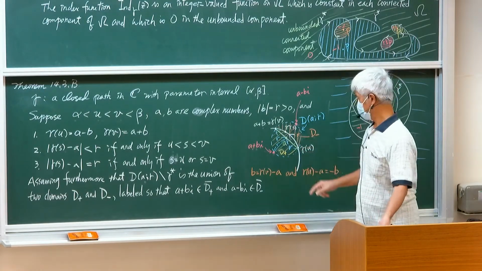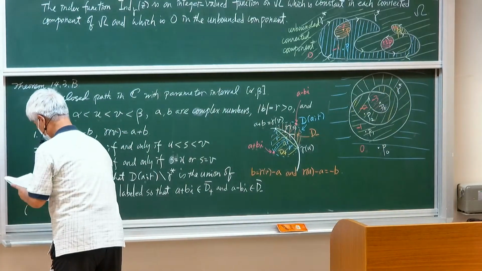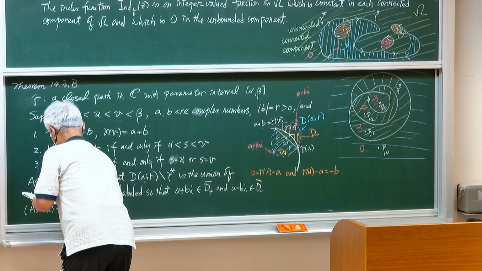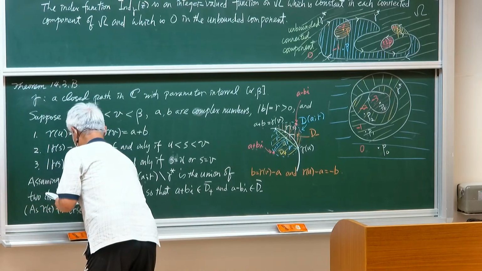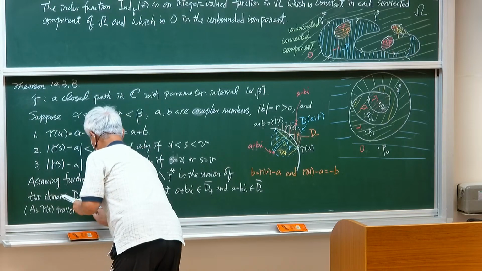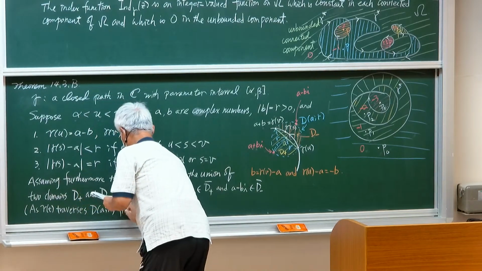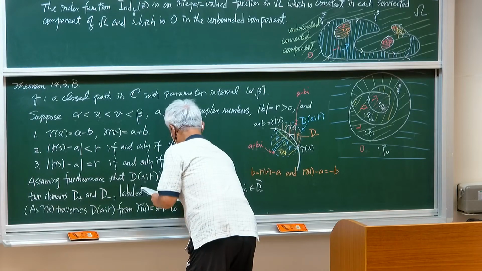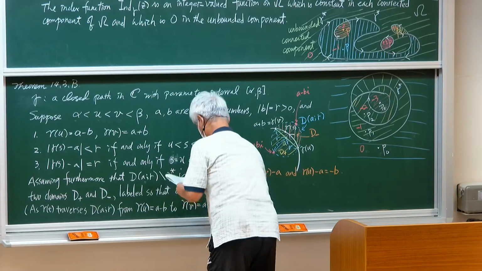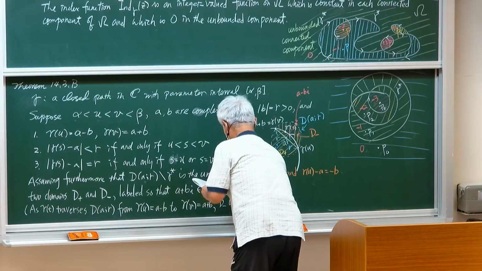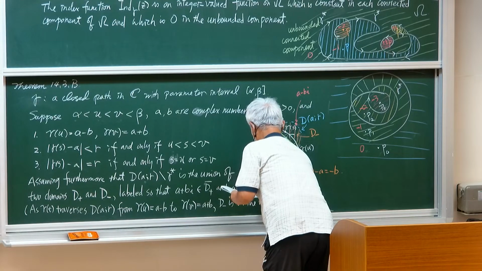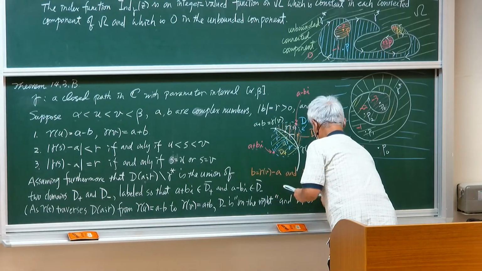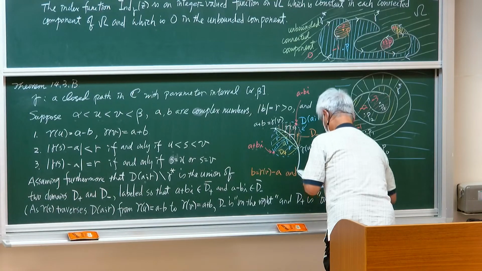Another description is that as gamma T traverses the disk from gamma U, which is A minus B, to gamma V, which is A plus B, then D minus is on the right, and D plus is on the left of the path.